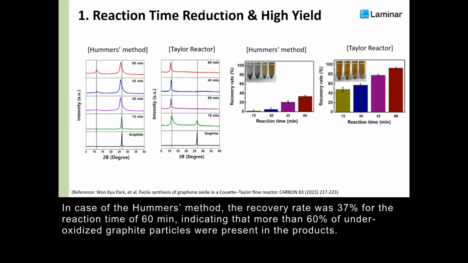In the case of the Hummers method, the recovery rate was 37% with a reaction time of 60 minutes, indicating that more than 60% of under-oxidized graphite particles were present in the products.